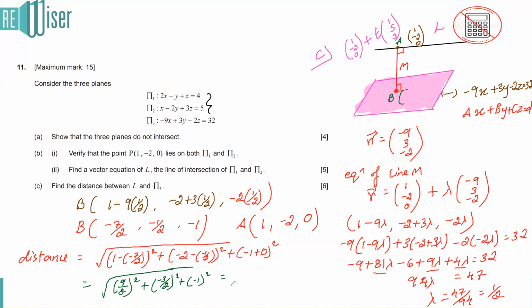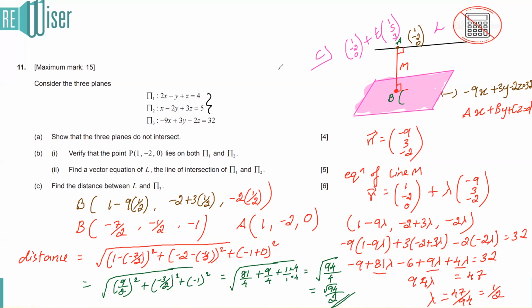So if I simplify this, it's going to be the square root of 81 by 4 plus 9 by 4 plus 1. I can make it a common denominator of 4, so we get the square root of 94 by 4, which we can also write as square root of 94 divided by square root of 4, which is just 2. And this is the final answer for this sum.